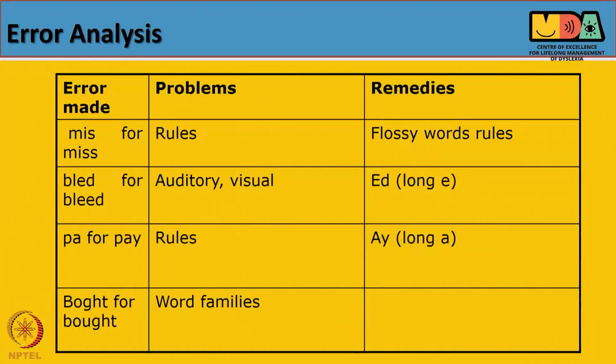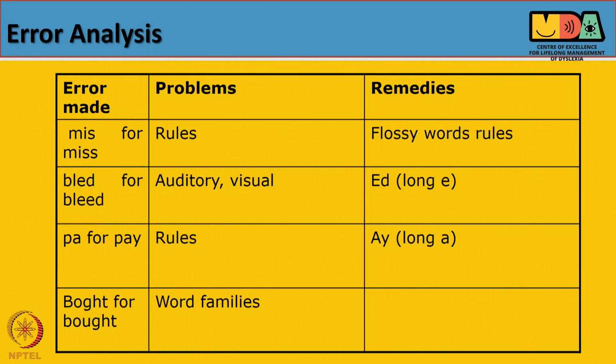To continue with our error analysis, let's look at some other words that the child could be making a mistake in. Miss, he writes M-I-S for miss, M-I-S-S. Clearly, the child has not internalized the rule, which is the Flossie rule here. And he has not learnt the rule, which you are all being taught.